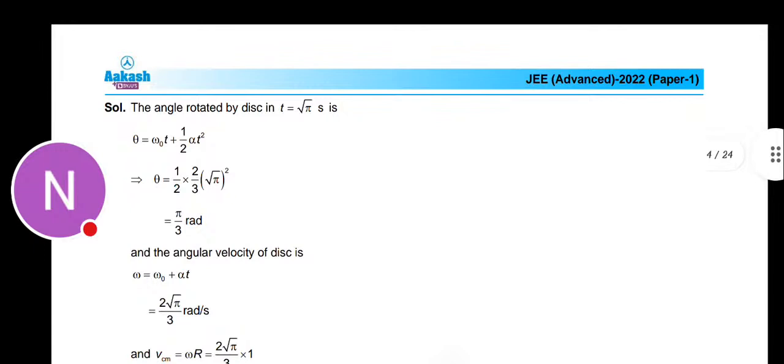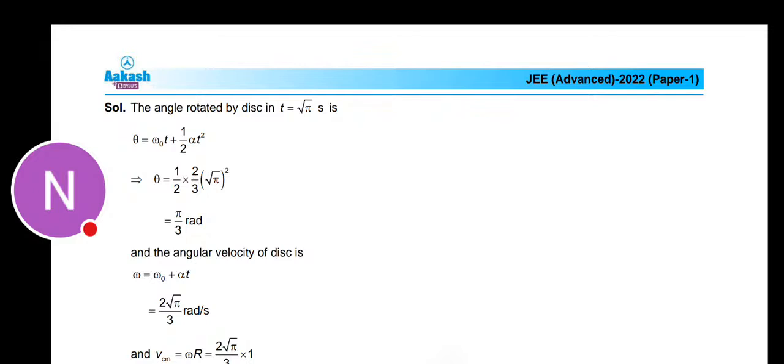So now the angle rotated by the disk in t equal to √π seconds is θ equal to ω₀t plus 1/2 αt². So θ is equal to 1/2 into 2π/3 into (√π) squared, that is equal to π/3 radians.